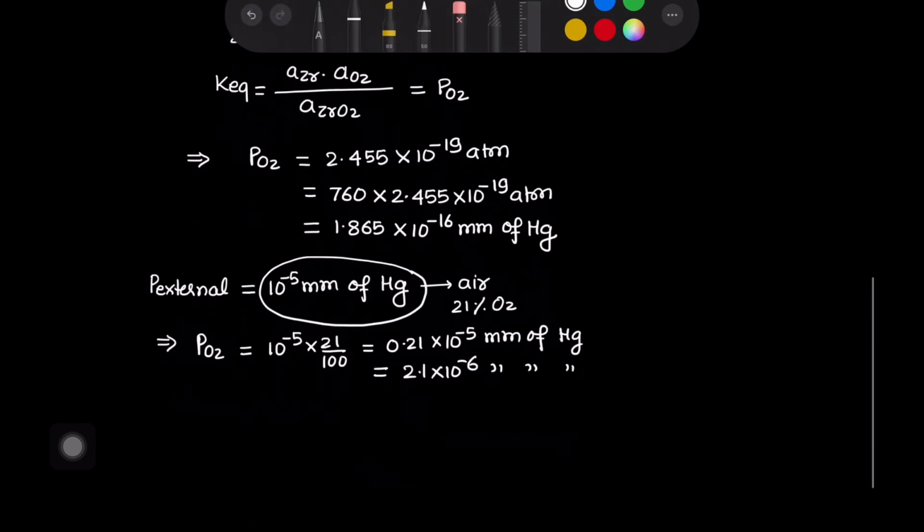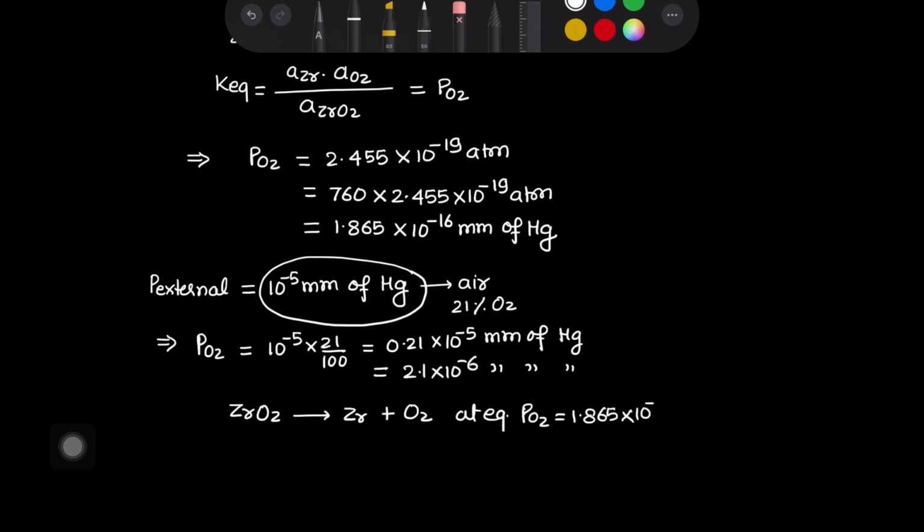Since we can see that in zirconia giving Zr plus O2 at equilibrium, the partial pressure of oxygen is 1.865 into 10 raised to minus 16 mm of Hg, and that is nothing but equal to the K equilibrium. But in the other situation, the external partial pressure of oxygen is 2.1 into 10 raised to minus 6 mm of Hg.